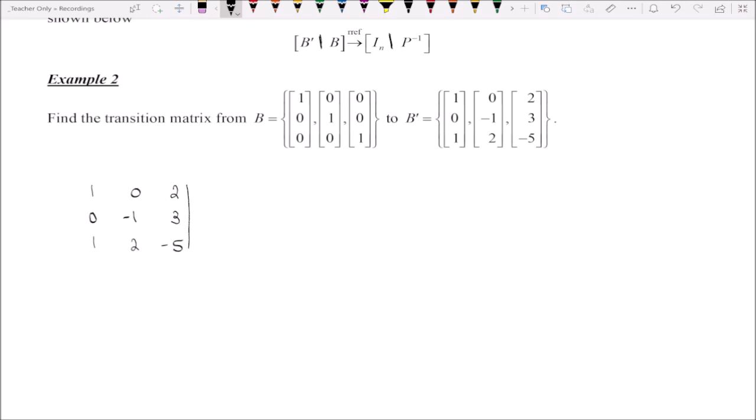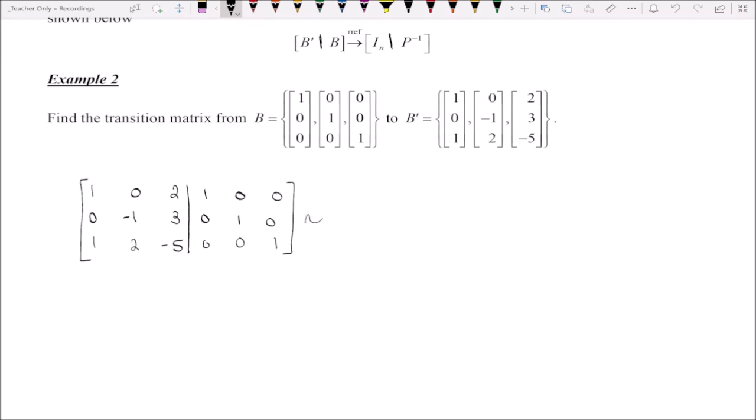We augment that now with B. And we want to row reduce this.